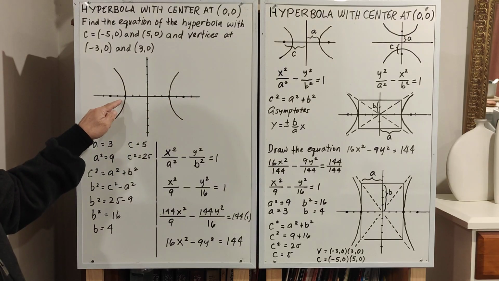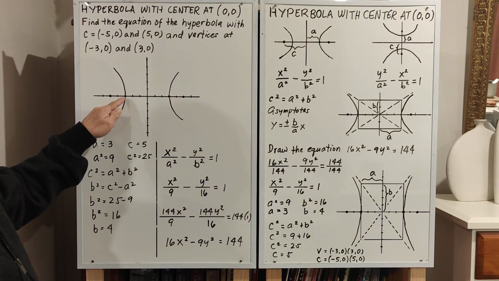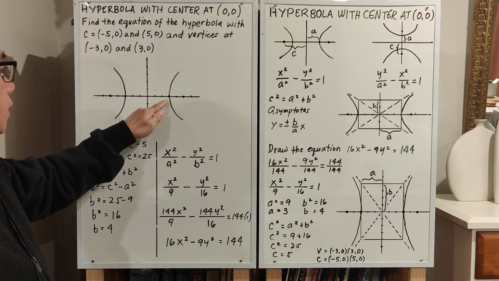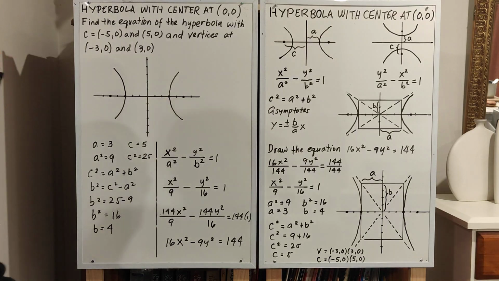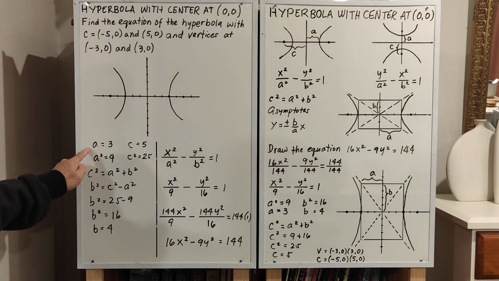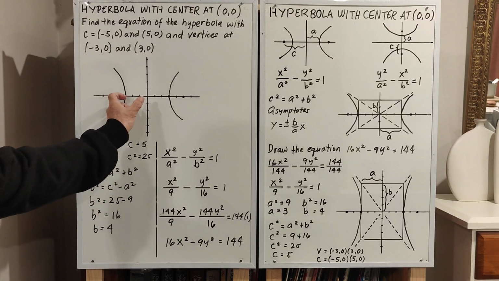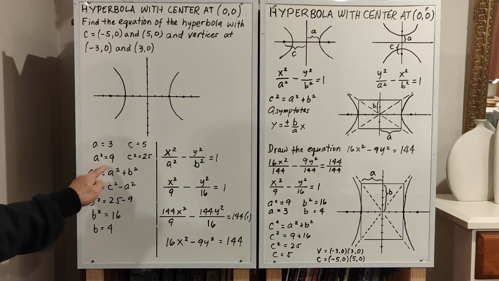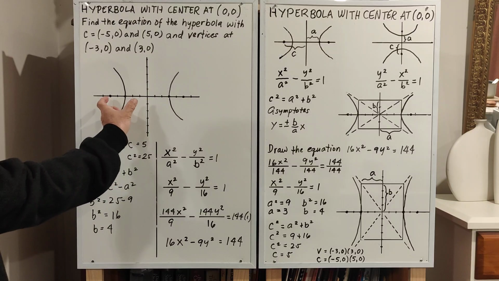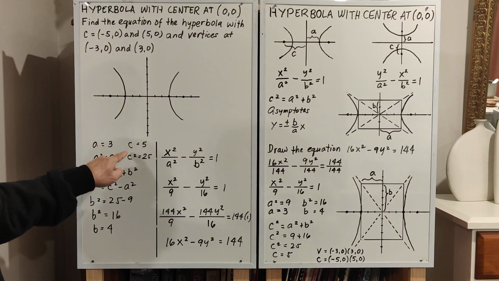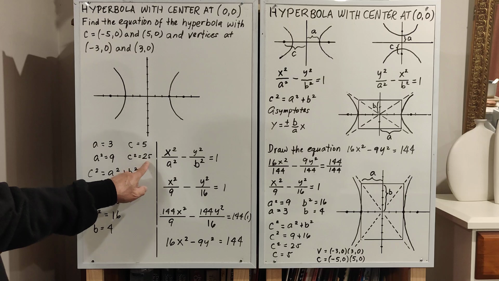Your first vertex is (-3, 0), and your second vertex is at (3, 0). So you have a equal to 3, the length of this one is 3, so your a squared is 9. Your c is a distance of 5, so your c squared is 25.